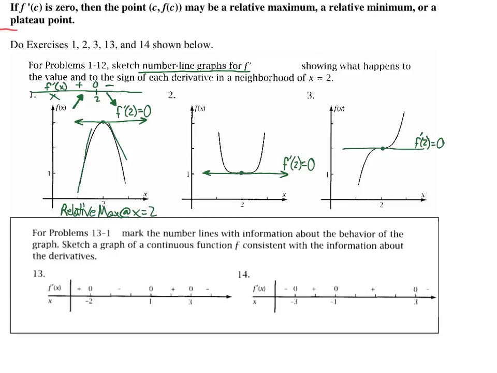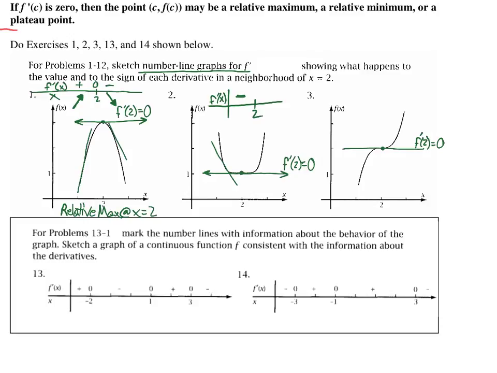Then over here, another one, we've got our f prime of x. We're going to put 2 on here, but notice to the left of that, our tangent lines have a negative slope, so that means our derivative is negative. And 2 should be down below.